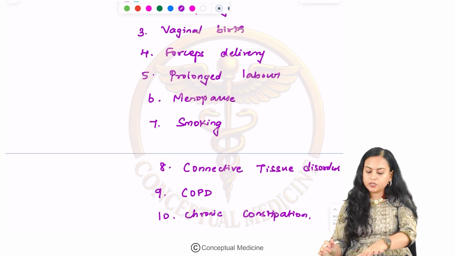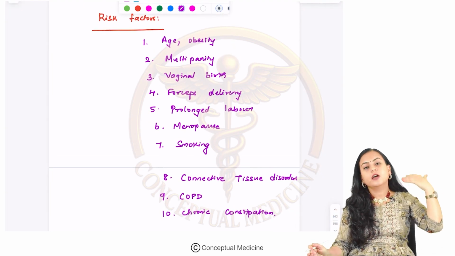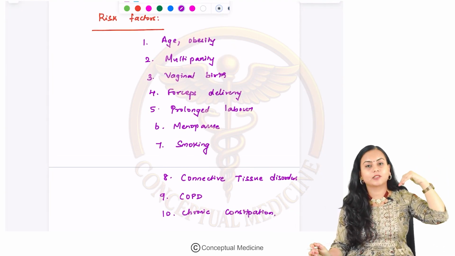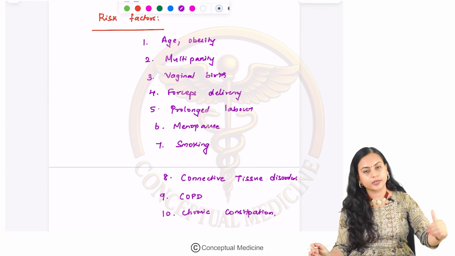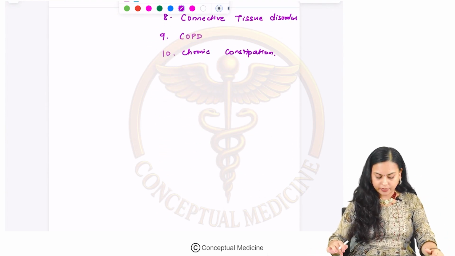Okay, so these are the causes which will be leading to increase in the stress, and that will lead to stress urinary incontinence. Okay, right.